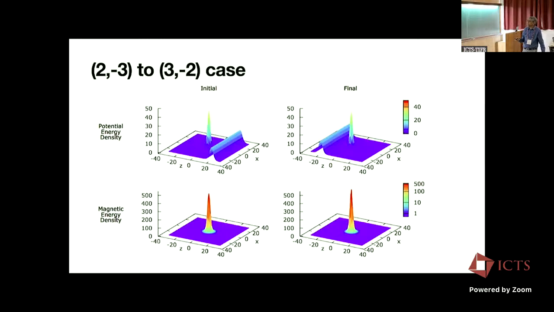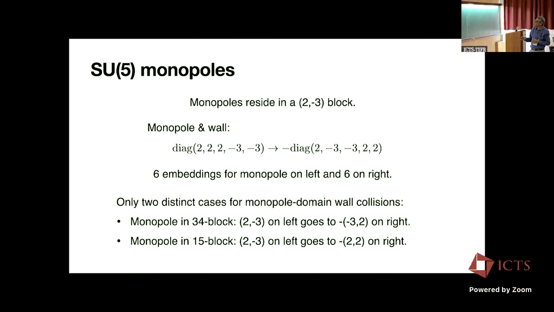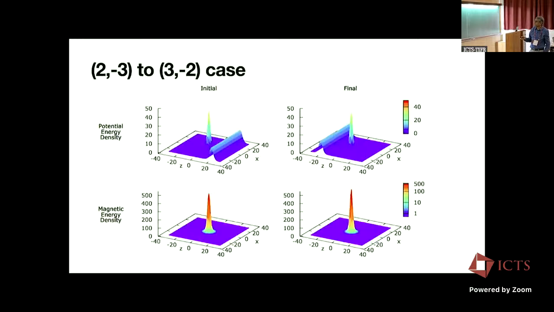So we've done some simulations. So if you start with 2 minus 3, and then the question is, if we take a wall, it's kind of complicated. So if we put the monopole here in this block, then the question is what happens? And then here we're plotting the potential energy, and then here we're plotting the magnetic energy.